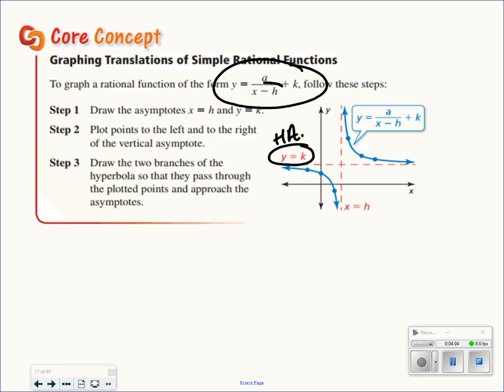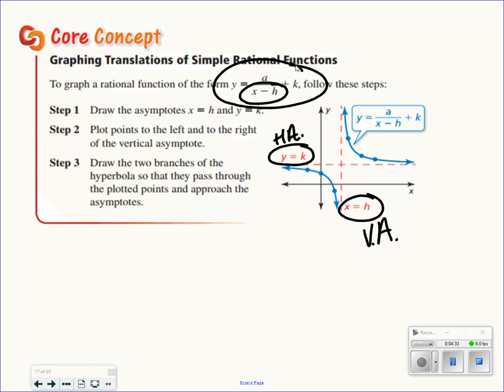And then whatever causes the denominator to be 0, that is your vertical asymptote right here. So whatever causes the denominator to be 0 is your vertical asymptote, and whatever is being added or subtracted is your horizontal asymptote. Now, here's how I decide where it's going to be graphed at, is I'm just going to plot one point to the left and one point to the right of any vertical asymptote.